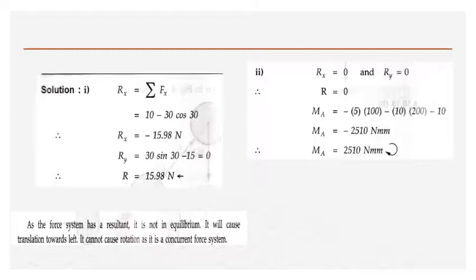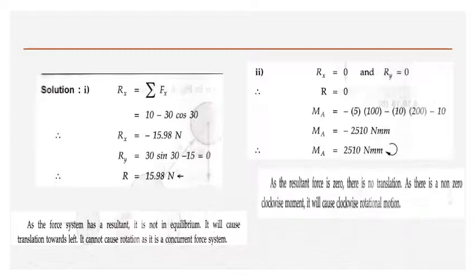The 200 kilonewton force is producing the moment, minus 200 into 10, that is clockwise, hence minus. And the 10 kilonewton meter moment is given in the anti-clockwise direction, so minus 10. So you get MA as 2510 Newton millimeter. Here the moment is not 0, hence again the body is not in equilibrium.